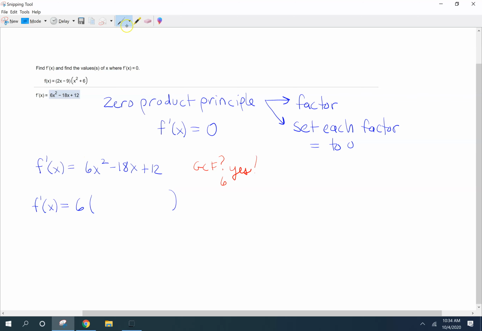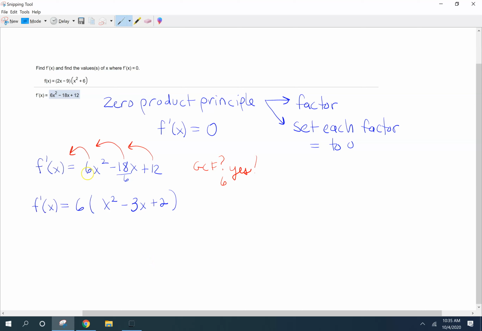So if I factor a 6 out of the first term, that's going to leave me with an x squared. And then I factor a 6 out of the middle term, and that's going to leave me a minus 6x. And then when I factor a 6 out of the last term, that's going to leave me with a plus 2. I messed up the middle term. 18 divided by 6 is 3.